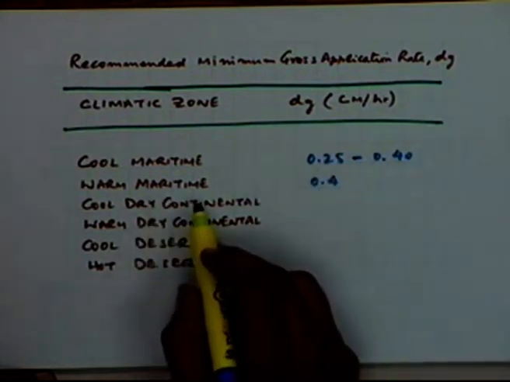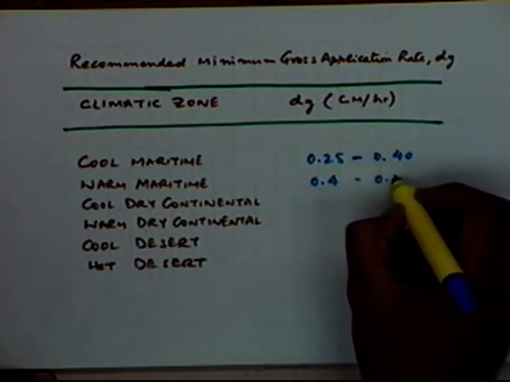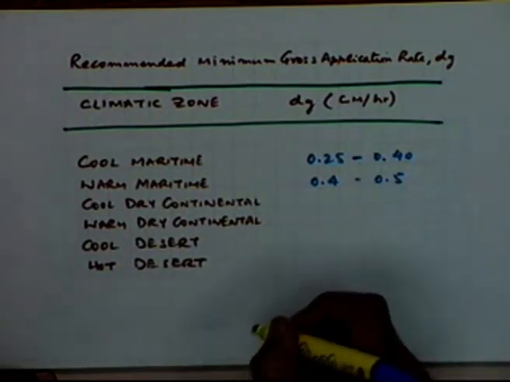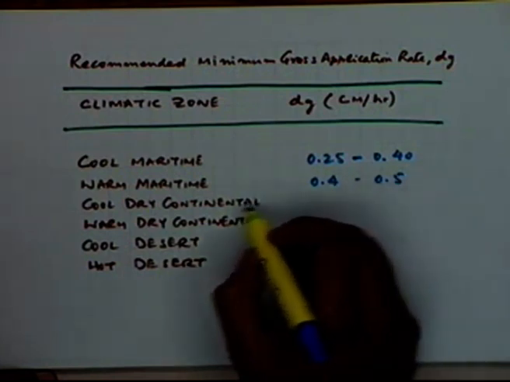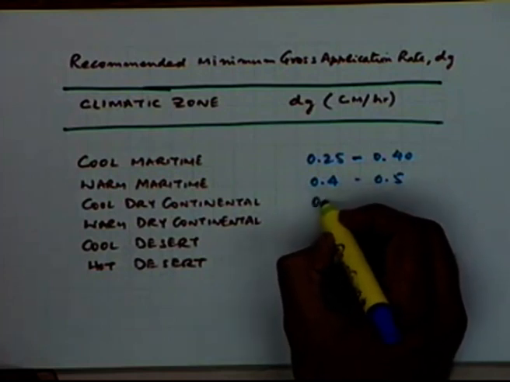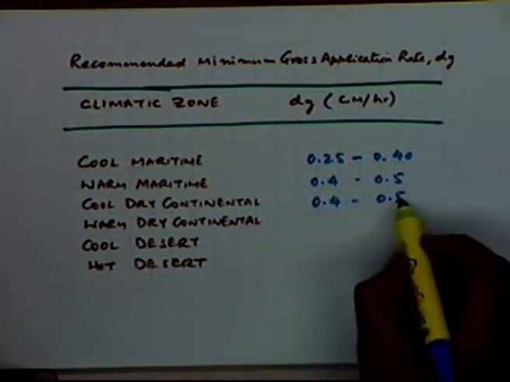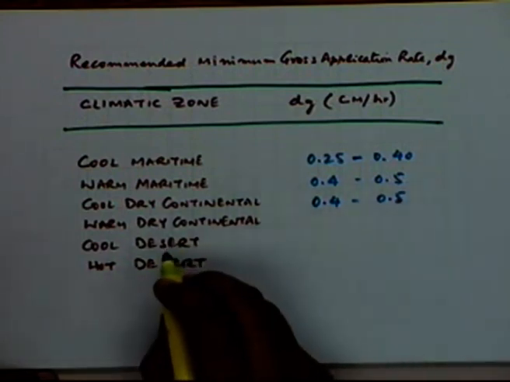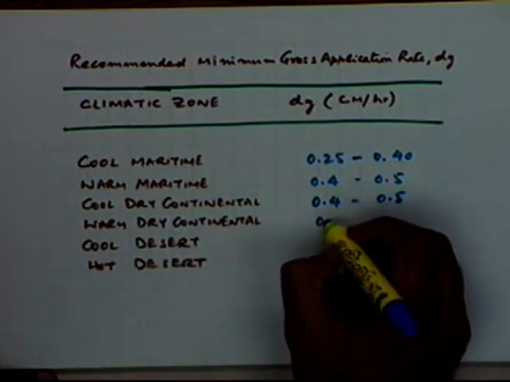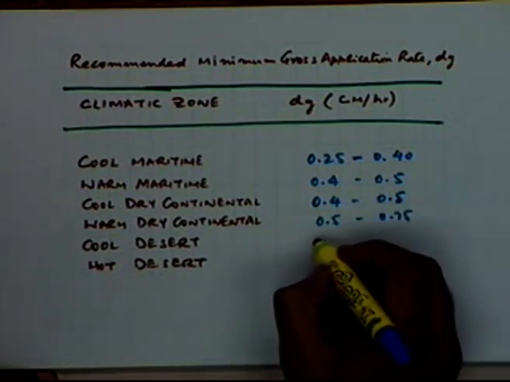For warm maritime conditions, the rate is 0.4 to 0.5. For cool dry continental conditions, again the rate is 0.4 to 0.5 centimeters per hour. Similarly, for the other conditions, these are the recommended rates.